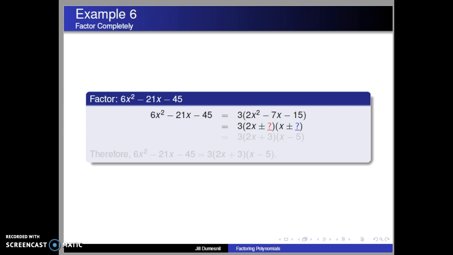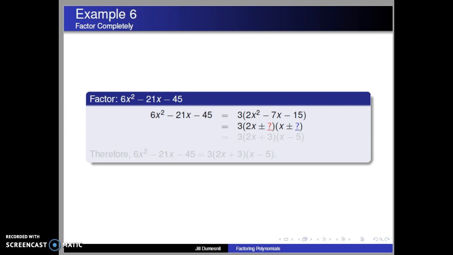Furthermore, if I'm going to factor, I'm going to have something of the form 2x plus or minus something times x plus or minus something else. We can find the missing terms, noticing that our outer product and our inner product need to give us coefficients of negative 10 and positive 3.